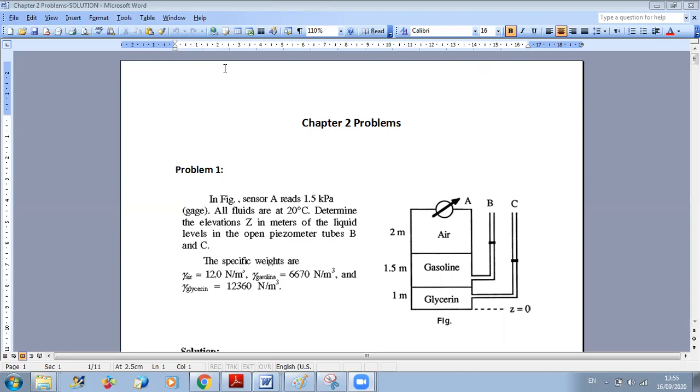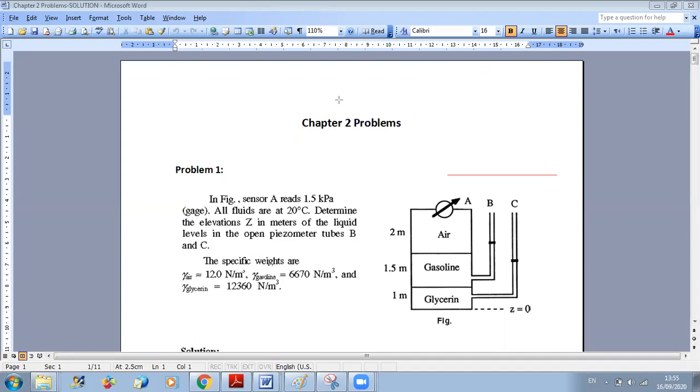Okay. So for gauge and absolute pressure, you have an absolute reference. What is the absolute reference of pressure? When you say absolute pressure of 0, this means that if you go below this level, you will have vacuum.